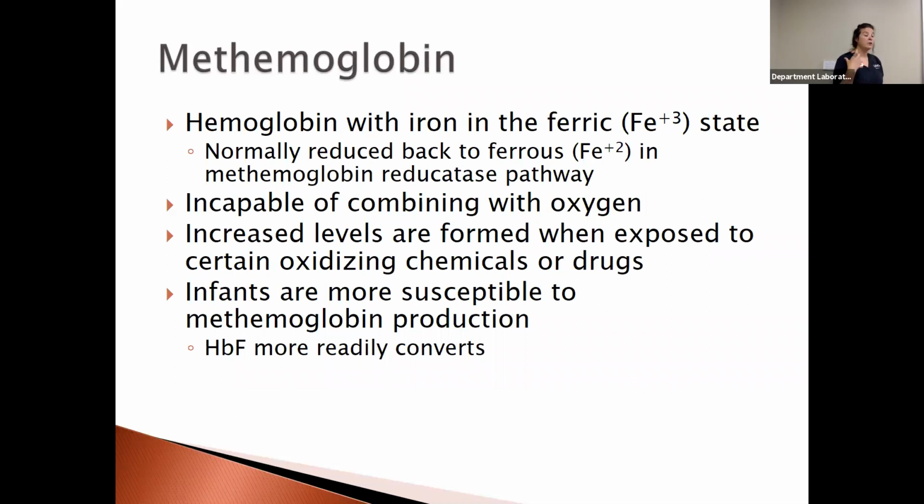It is responsible for converting ferric iron to ferrous iron to prevent the formation of methemoglobin. All right, so if there's any defect in that pathway, we will have methemoglobin as well. Certain pesticides and antibiotics can cause the formation of methemoglobin as well.